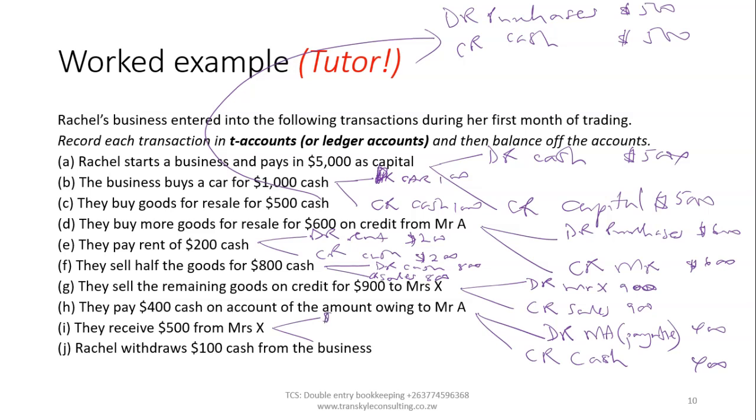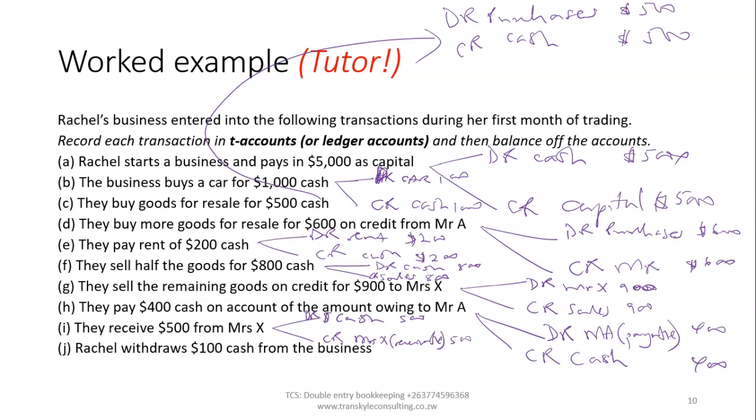So we are debiting cash, 500, and crediting Miss X, the receivable. When we are crediting a receivable, we are reducing the asset, the amount we expect to receive from the customer, because the customer has paid, so we are reducing that amount by $500.